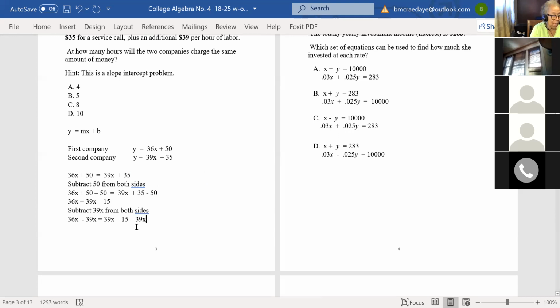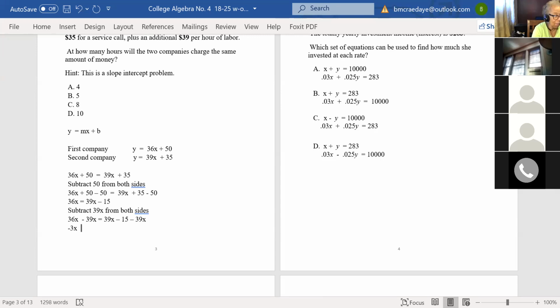So Audrey, what do I have on the left side? 36x minus 39x gives negative 3x.